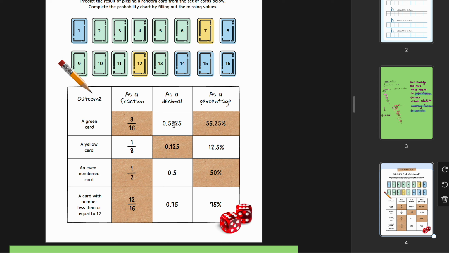So this dot has moved now to 56.25. But don't forget to put that percent symbol.